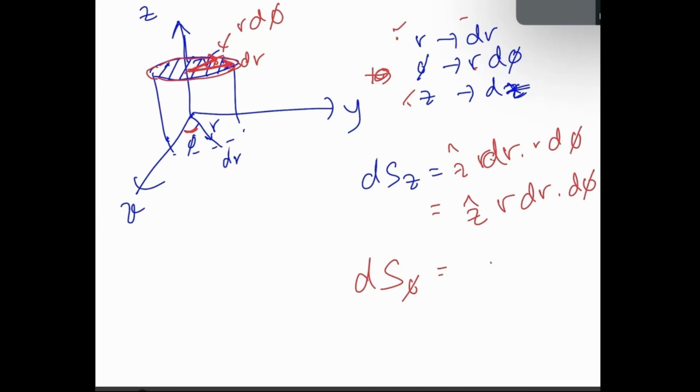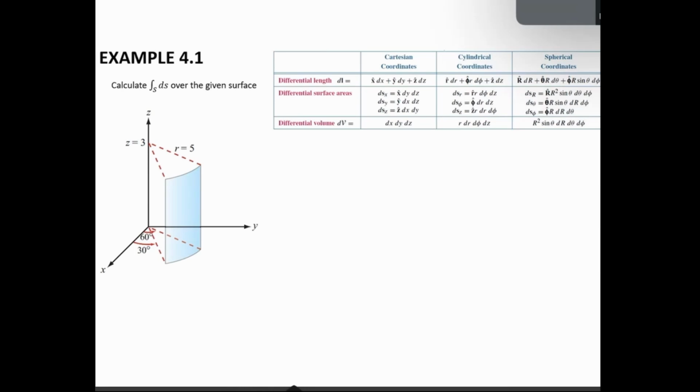R is dr, times dz. That is the direction of phi.